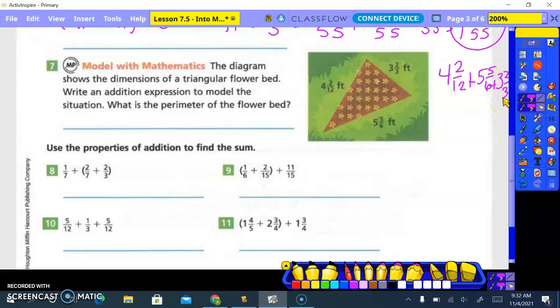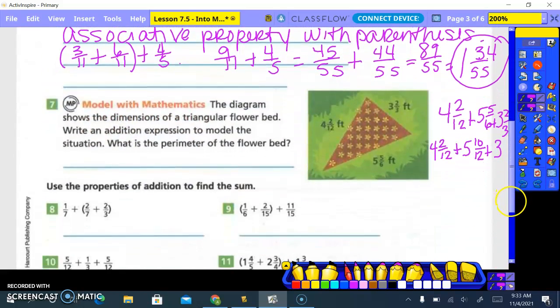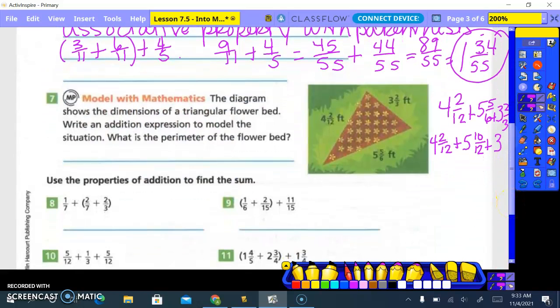Okay, so what's going to be our common denominator? 12, right? So we're going to have 4 and 2/12s plus 5 and what? 10/12s. Okay, so 3 and what over 12? 8/12s. You multiply both by 4, right?